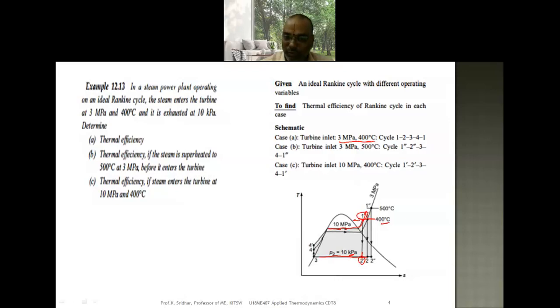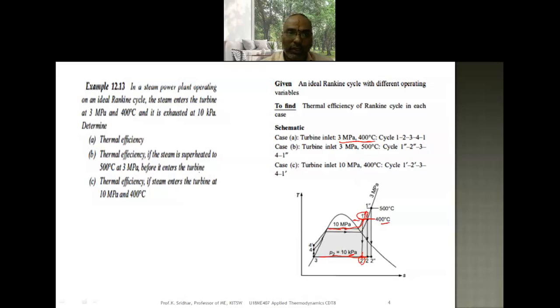So similarly you identify the remaining points, that is 3 and 4 dash as well as 1. So 1, 2, 3, 4, 1 basically represents 3 megapascals and 400 degrees centigrade.